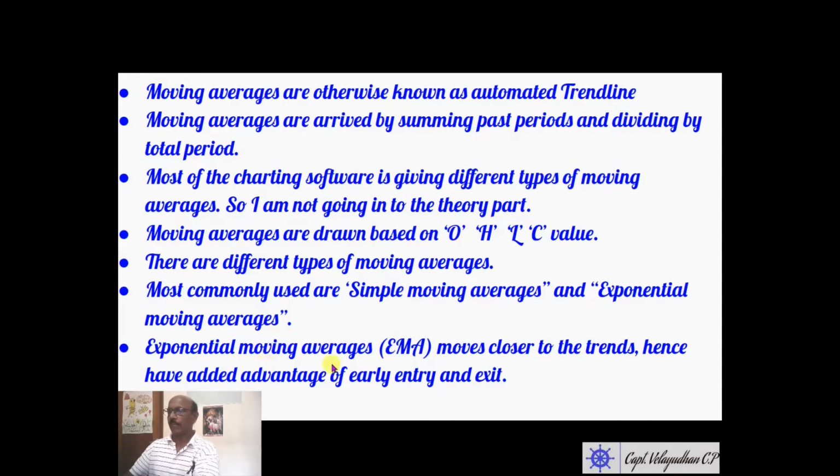Exponential moving averages, known as EMA, move closer to the trends and have the added advantage of early entry and exit. So mostly nowadays people use exponential moving averages.